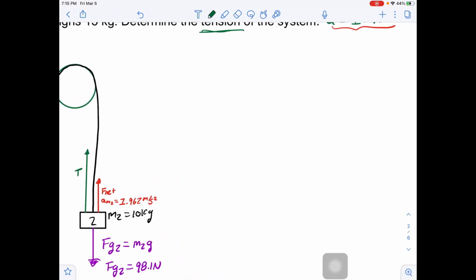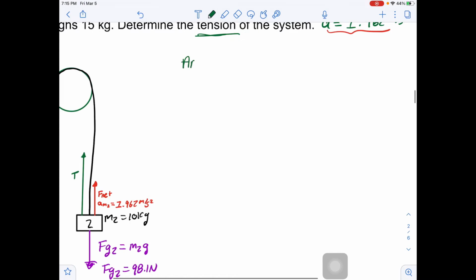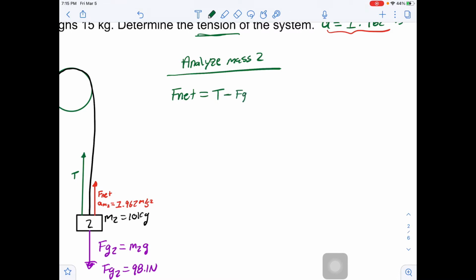So now let's analyze mass 2. So mass 2 is F net equals tension minus the force of gravity 2. Now you might be wondering, why am I putting a minus here? Because my net force is in the positive direction, so that means my tension's in a positive direction.